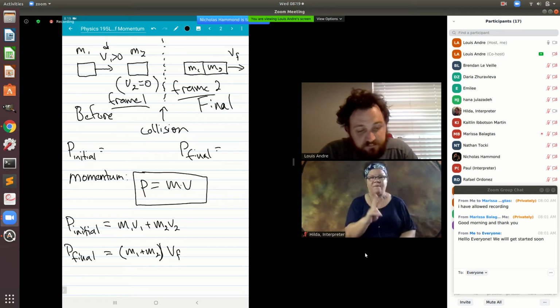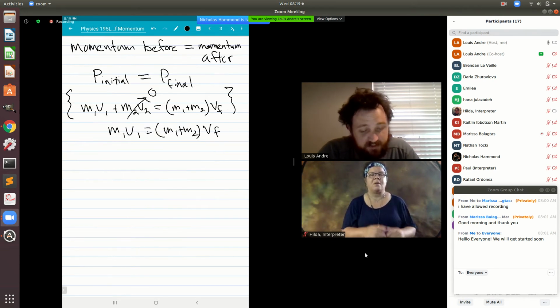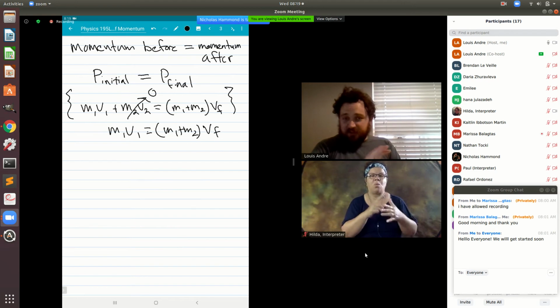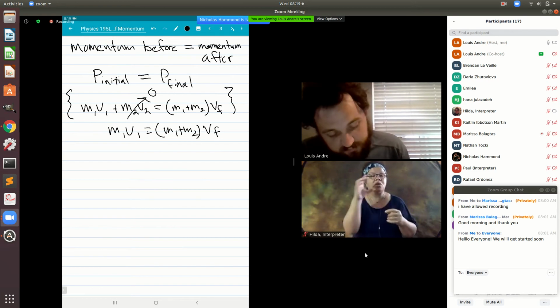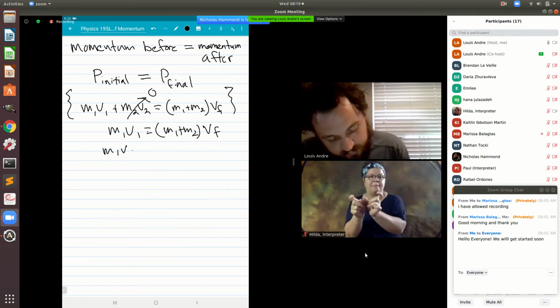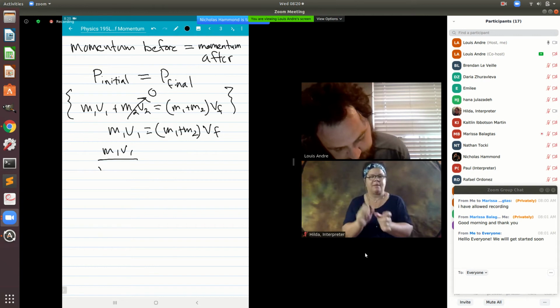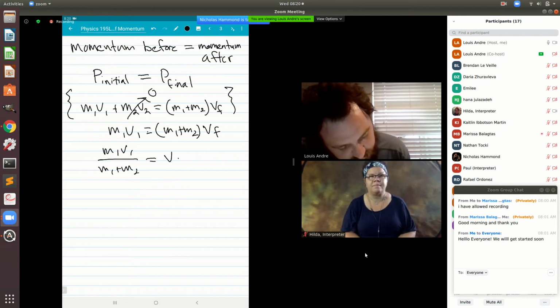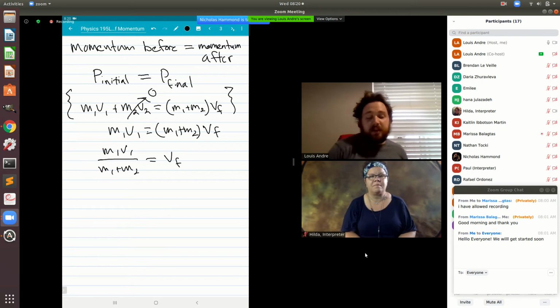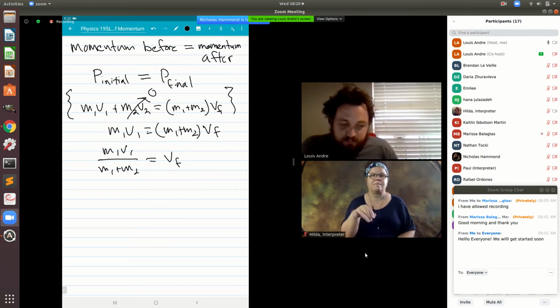Then I can calculate my final velocity, assuming they stick together. It would be m1 v1 over the sum of the masses, and that would be equal to my final velocity, right? So that's just one example of something you could do with a momentum conservation problem.